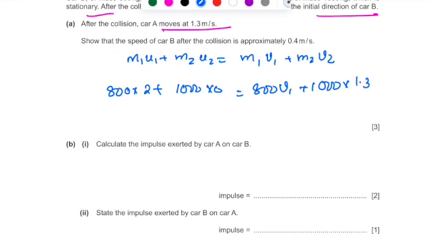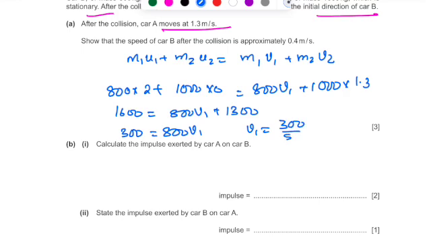This gives me 1600 equals 800 V1 plus 1300. So 300 equals 800 V1. So V1 equals 300 by 800, which to one decimal place is 0.4 meters per second. That's what we were asked to prove.